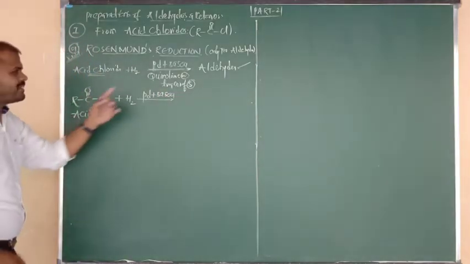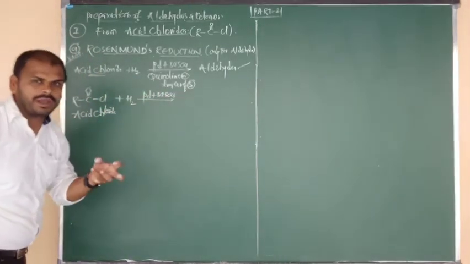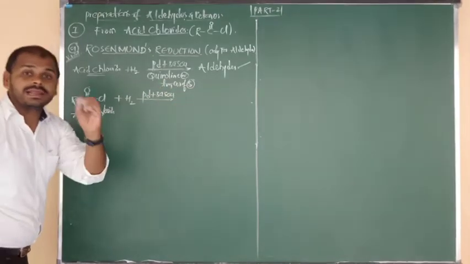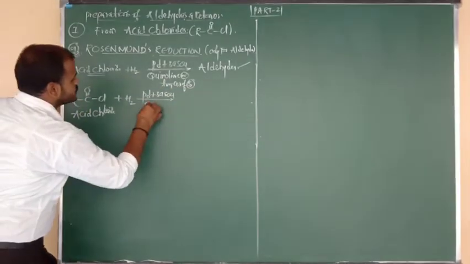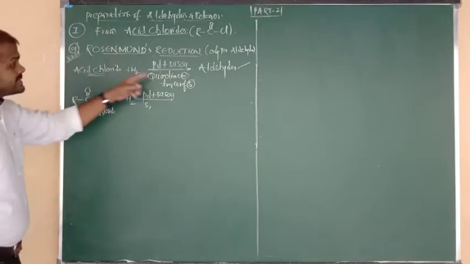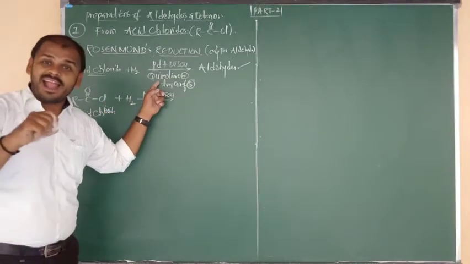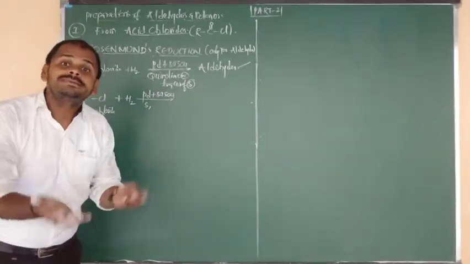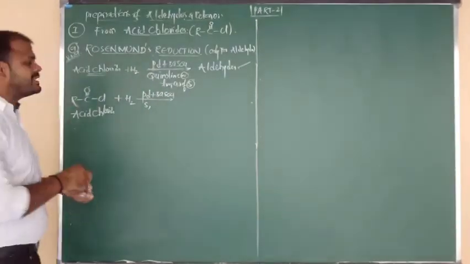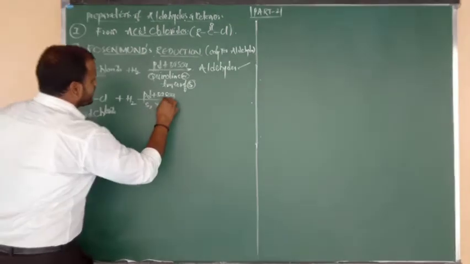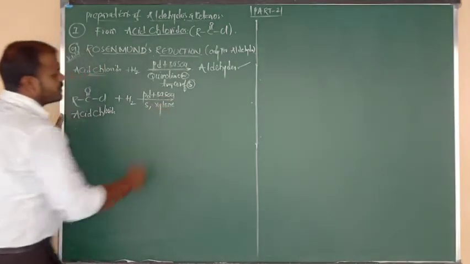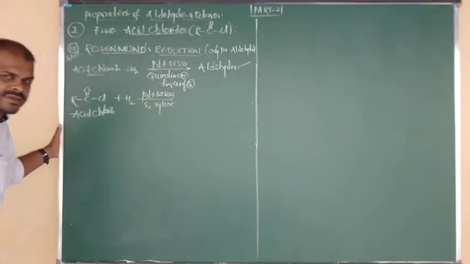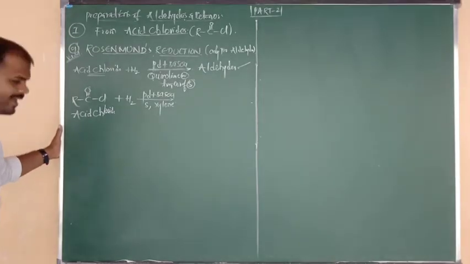The reaction takes place in presence of phenolene, and also we can add traces of sulfur. I am going to write here sulfur. And in place of phenolene you can add one more supportive solvent, that is xylene. We can take the help of xylene also as a solvent. Good.